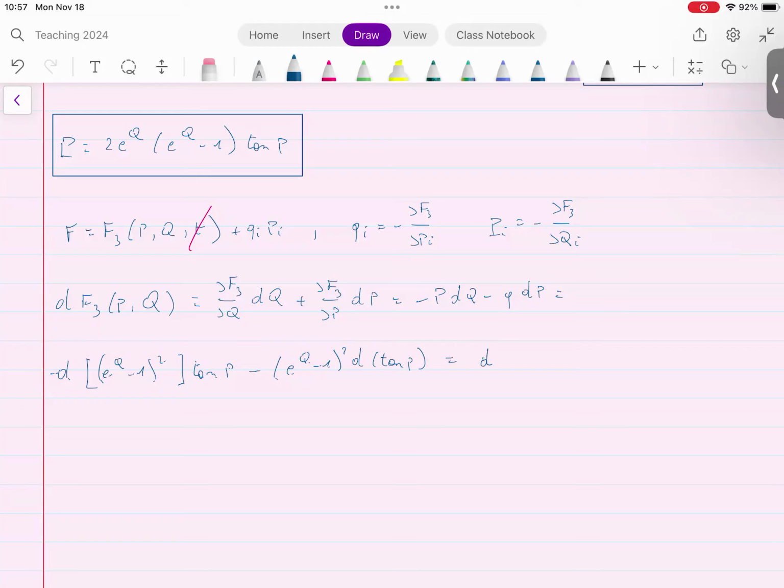So the whole thing is the differential of e to the Q minus 1 squared times tangent of p.